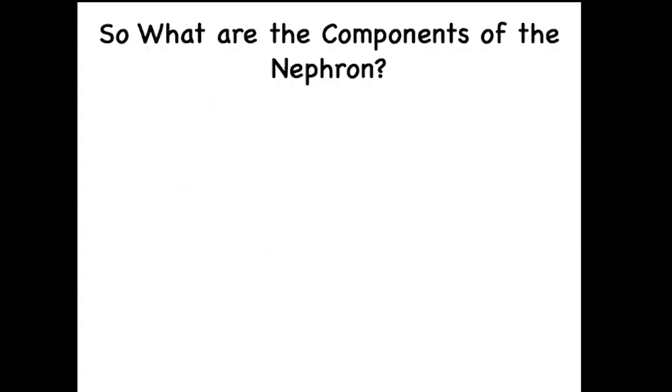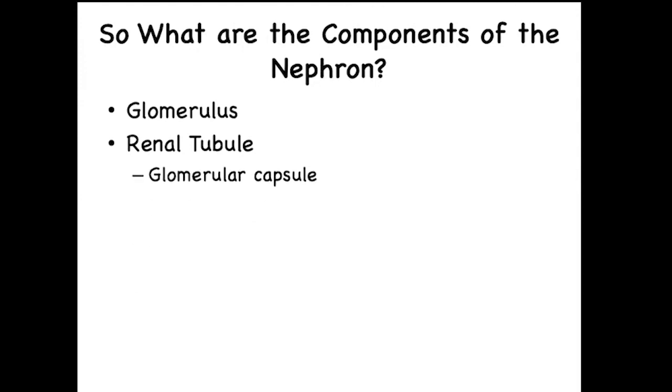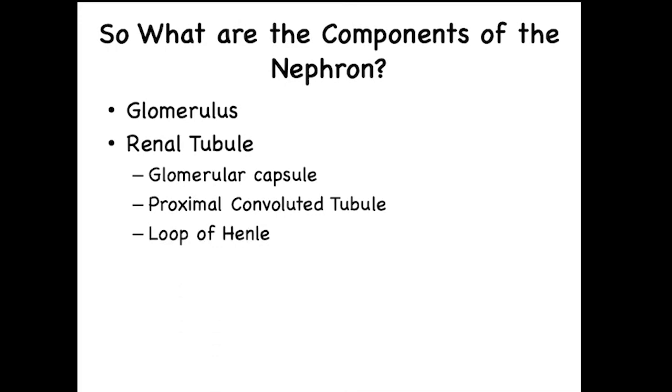What are the components of the nephron? Let's review. The nephron consists of the glomerulus, the tuft of capillaries, and the renal tubule. The different sections of the renal tubule consist of the glomerular capsule, feeding into the proximal convoluted tubule, that then leads to the loop of Henle, the descending limb, and then the ascending limb, and finally into the distal convoluted tubule.